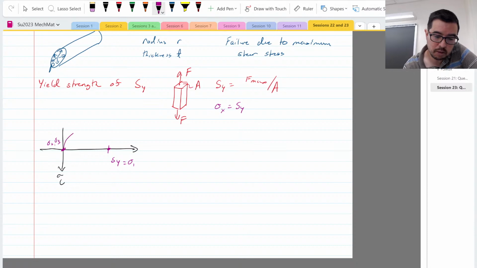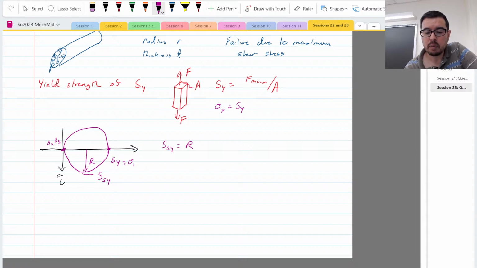You drew the Mohr circle in your head, and you said this is the radius, and this is the absolute max, right? So SSY is equal to R, which is equal to sigma 1 over 2, which is equal to Sy over 2.